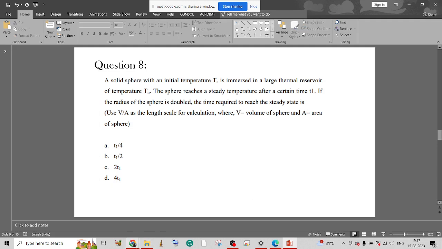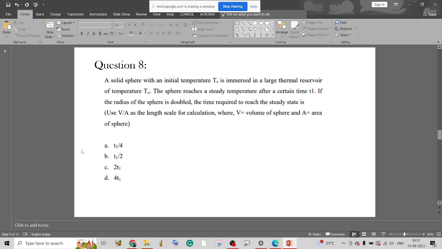Is anyone having any trouble in understanding? There is a solid sphere whose initial temperature was Ts and it is immersed in a large reservoir having the ambient temperature of T0. That is the fluid that is there. The surface reaches a steady state temperature after a certain time T1.